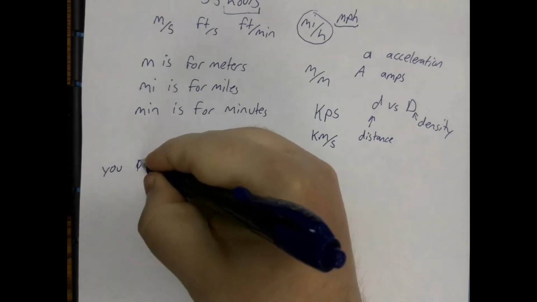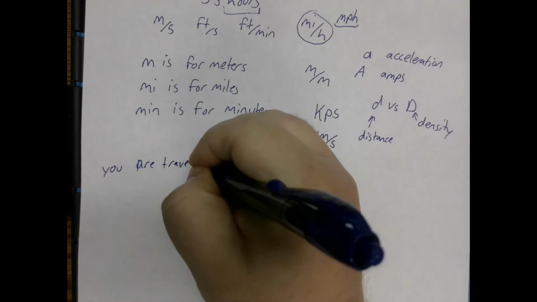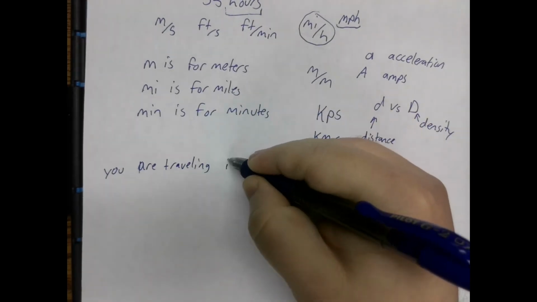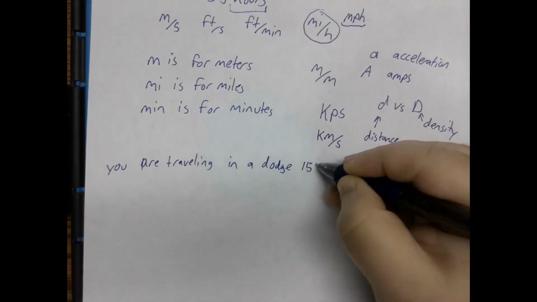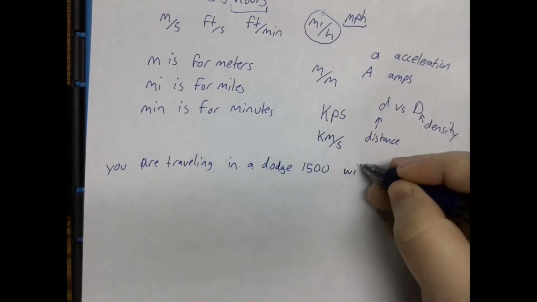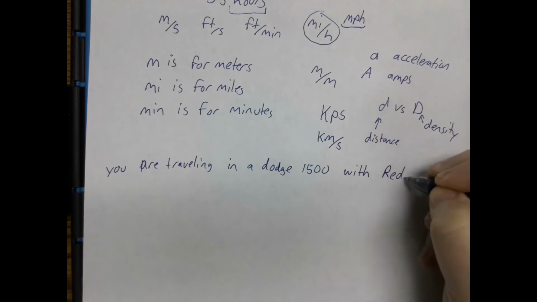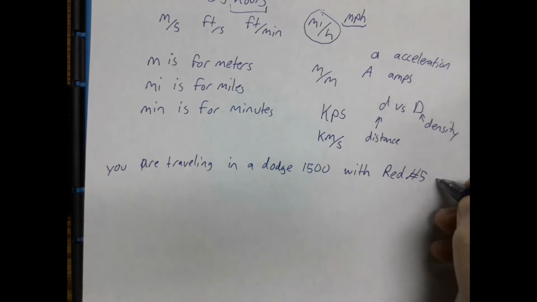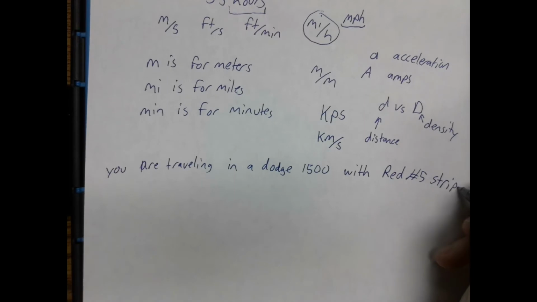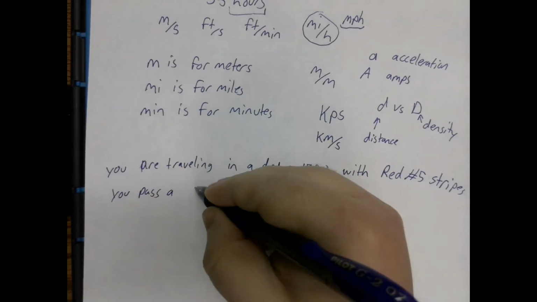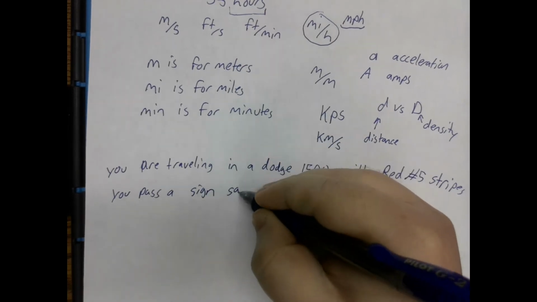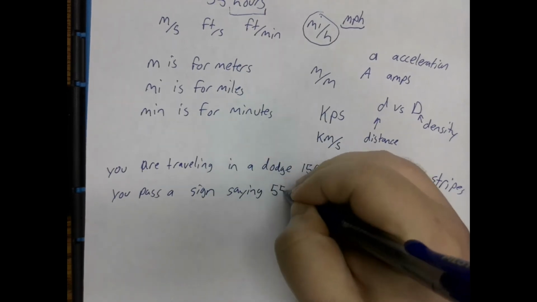You are traveling in a Dodge 1500, which is with red number 5 stripes. You pass a sign saying 55 miles per hour.